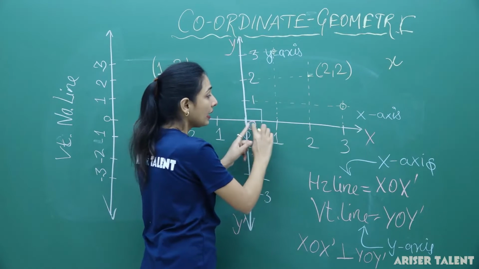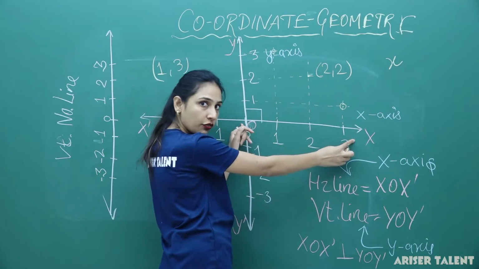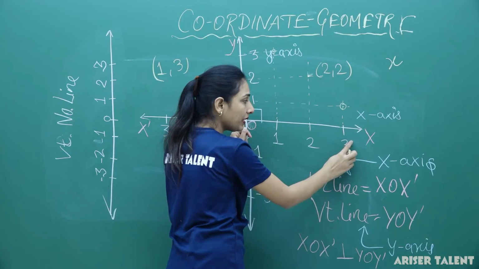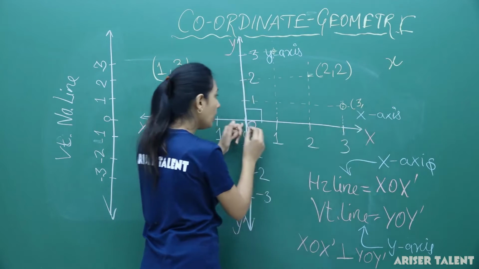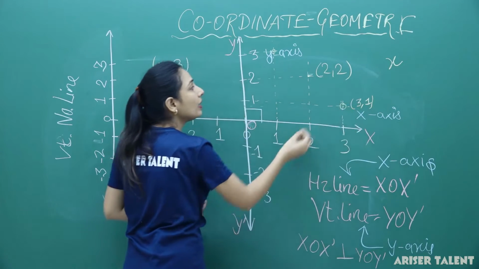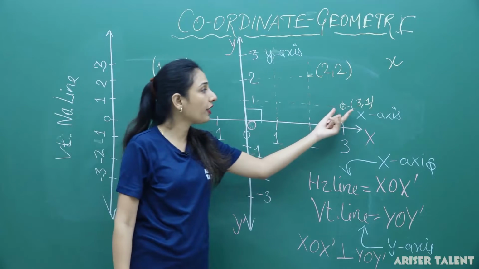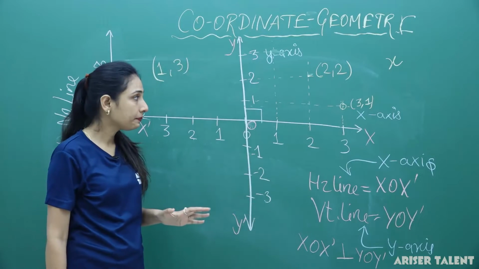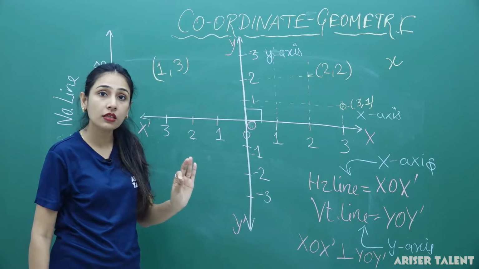That means 3 will be picked from here. So, from the x axis, this is our first axis, we will pick this value and write here 3. Now, 1 from there and write 1 here. So, that will be the point, not this. This will not be the point. The point will be this. Okay. Understood this thing, how will you draw a point?